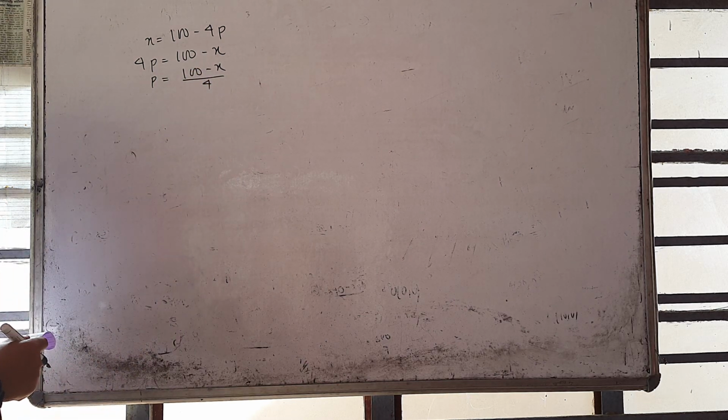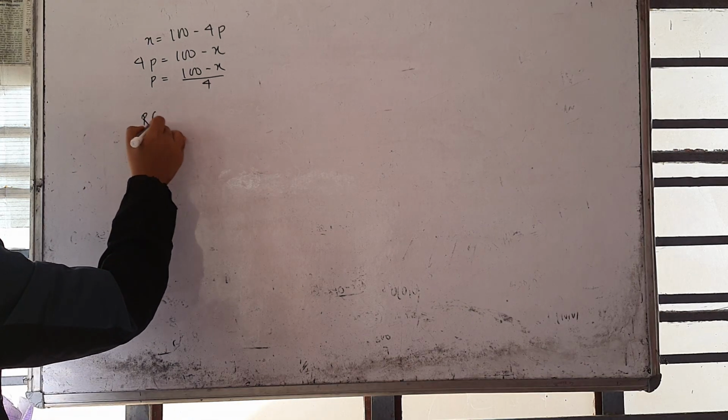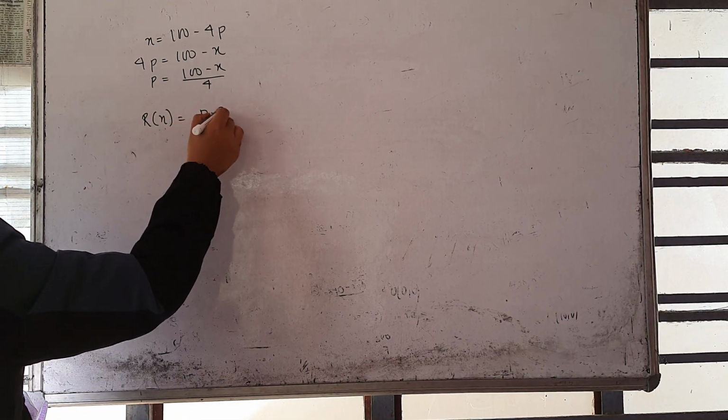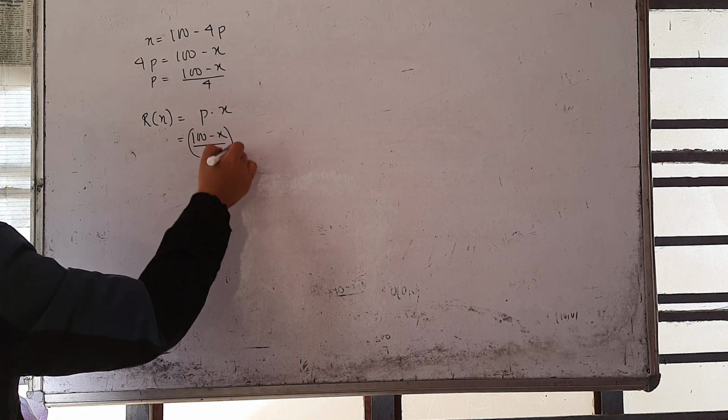Okay, now moving on. Find the price and the quantity. That means you have to find the price and x, okay, at which marginal revenue is 0. MR is 0. Can you tell me, to find MR, what is the first thing that you require? Rx. Very good. So what is Rx, guys? P into x. P is what? 100 minus x by 4 into what?